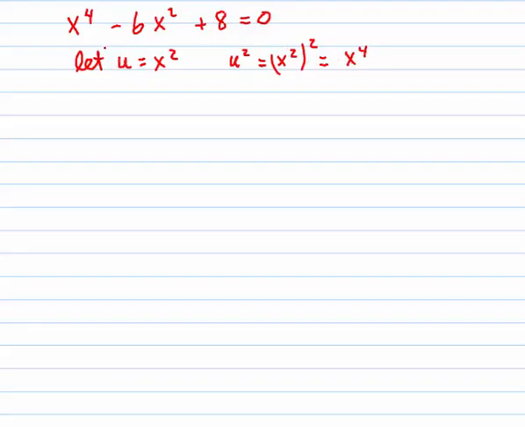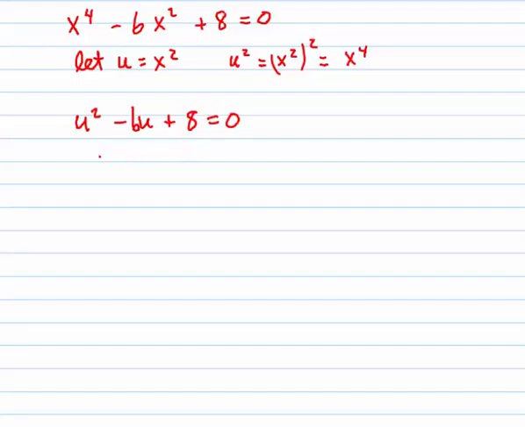Now we can say x to the fourth is u squared, and we have u squared minus 6u plus 8 is equal to 0.